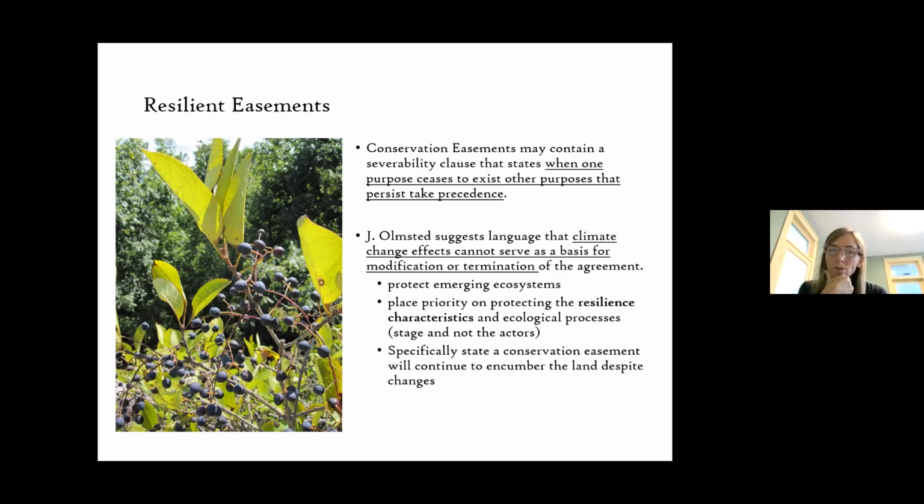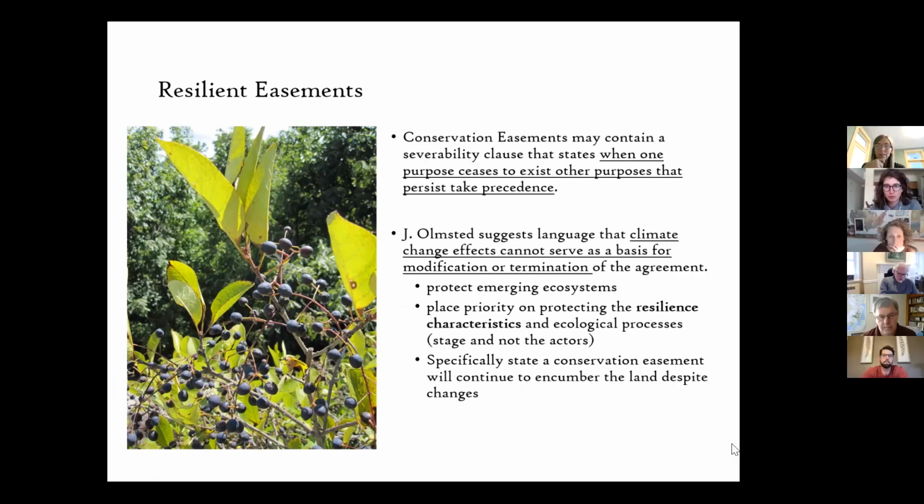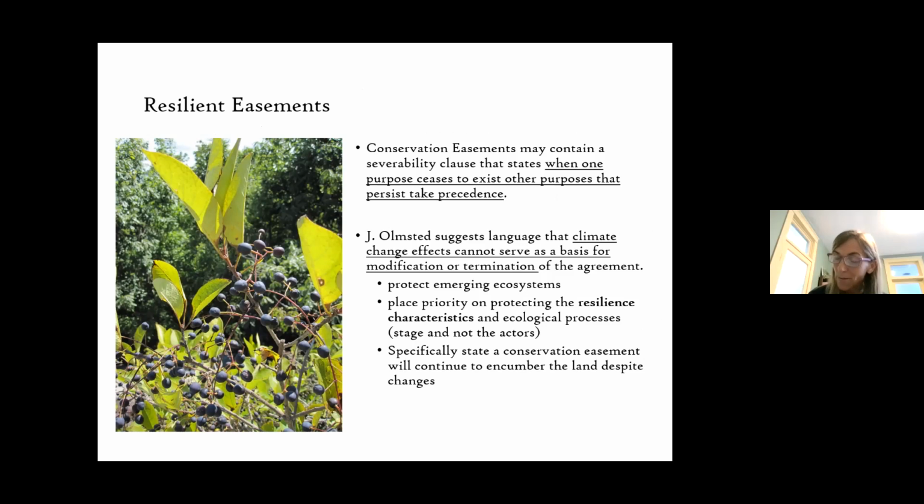But one of the challenges that I think he has put out to the land trust community is for us really to make sure that we're thinking carefully about our language for the conservation values that we cite. So we know that easements can contain a severability clause that states that when one purpose ceases to exist, another purpose can take precedence over that.